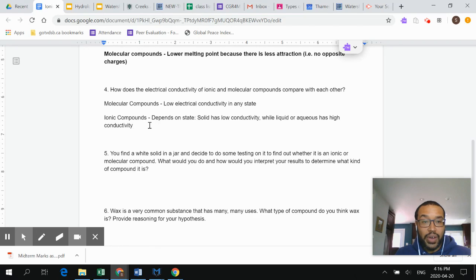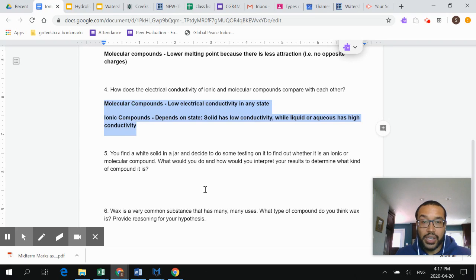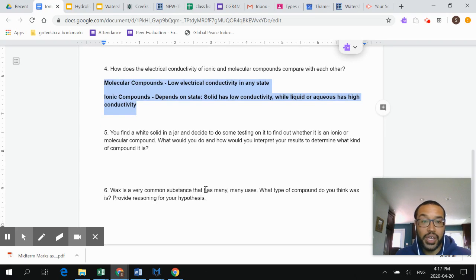All right, question 5. You find a white solid in a jar and decide to do some testing to find out whether it's ionic or molecular. What would you do, and how would you interpret the results to determine if it's ionic or molecular? Well, you could do a bunch of different things. The simplest test might be, and if we were in class, we would actually do this as a demonstration, as a small little lab, where we put the fire to it.